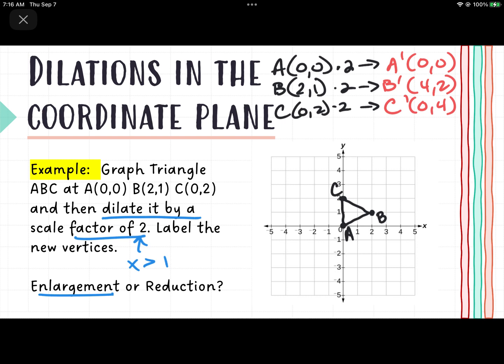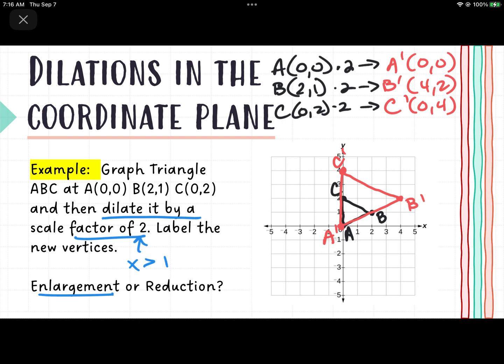Okay, now I'm going to plot my new triangle. 0, 4. 0, 0, and 4, 2. What you should notice is that these have the exact same shape, but one is larger than the other.